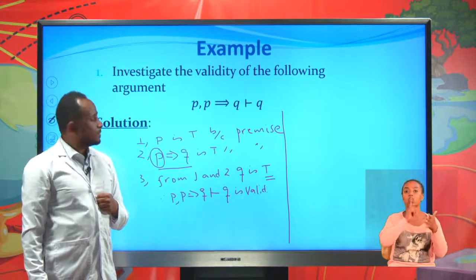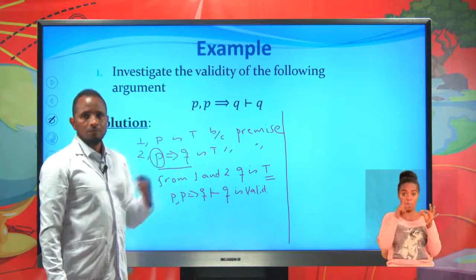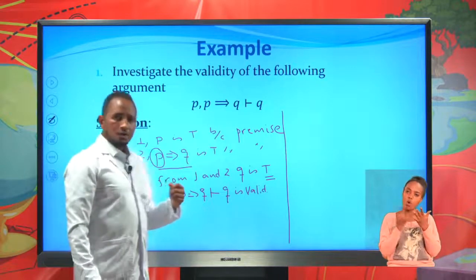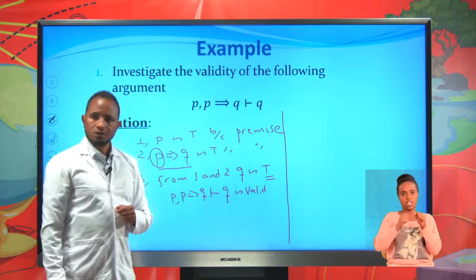Using a truth table, we have two statements here, P and Q, so we have 2 to the power of 2 possible combinations of true and false.